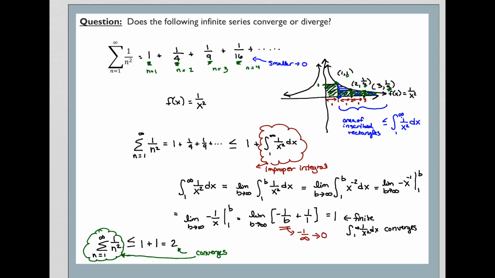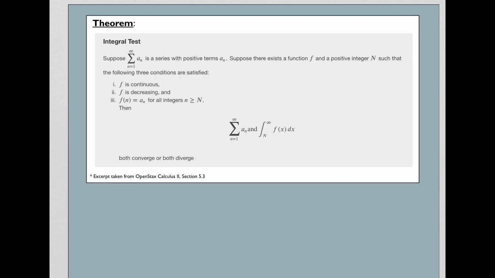Where does that help us? Well, it gives us a motivation. It kind of tells us exactly what the integral test is going to tell us. The integral test: suppose that you have an infinite series with positive terms.